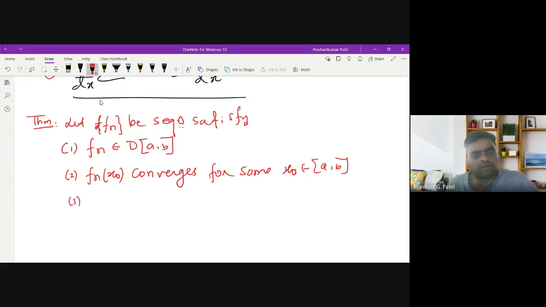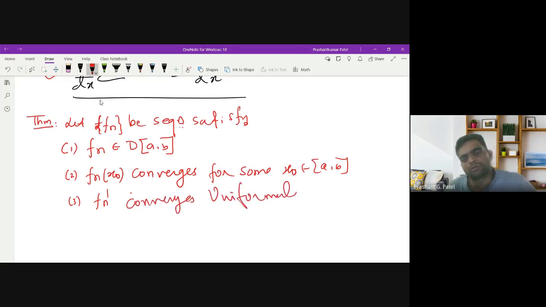And the third condition we require is that fn dash, the derivative of fn, converges uniformly on AB. So these are the three conditions required to preserve the differentiability under the convergence.